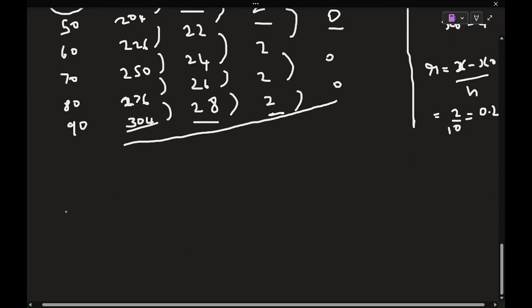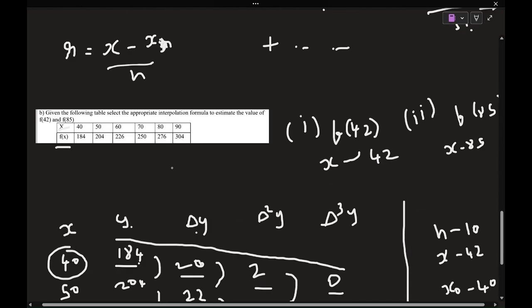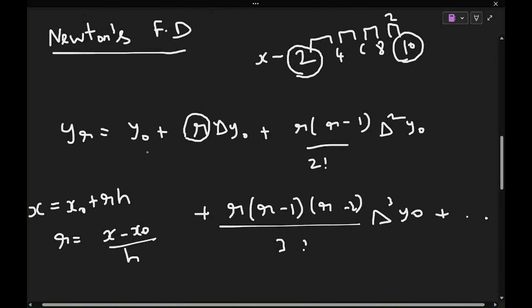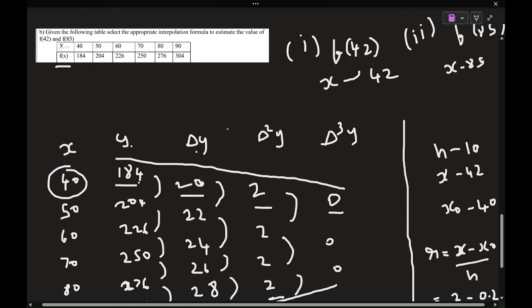Now by using Newton's forward difference formula, y r is given by, what was my formula? y naught plus r into del y naught.